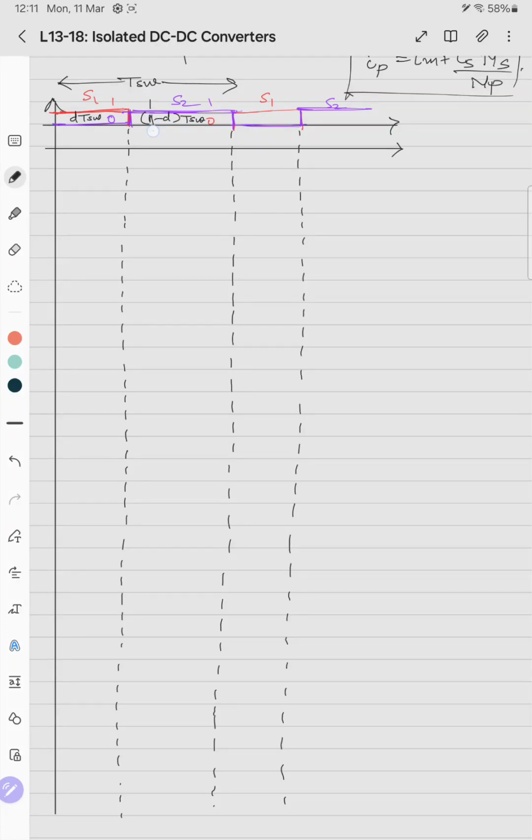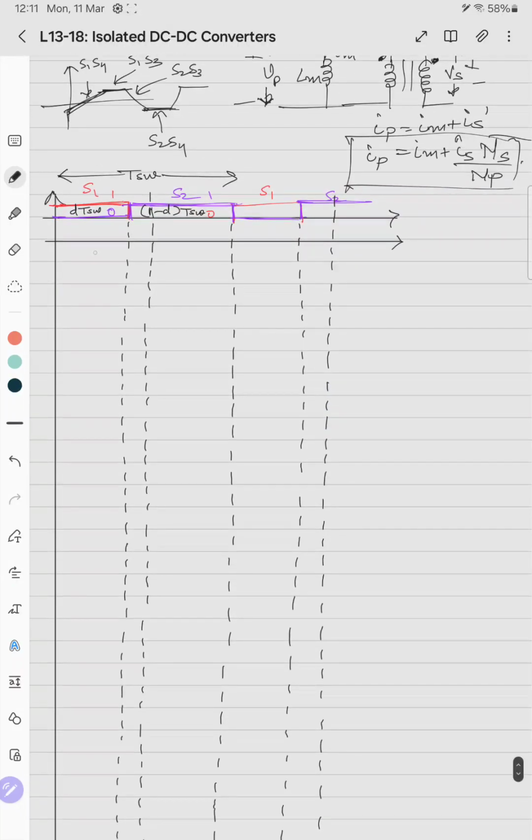So this is T switching by 2. Similarly here, this is T switching by 2, also drawn here.